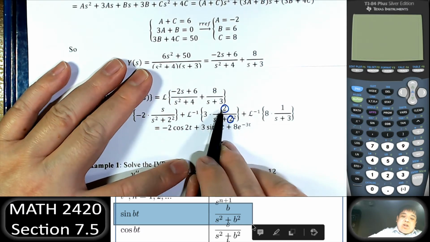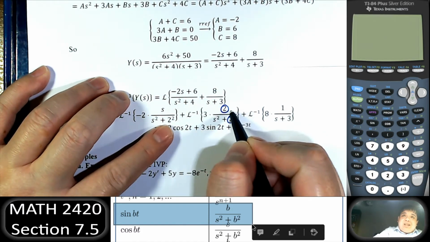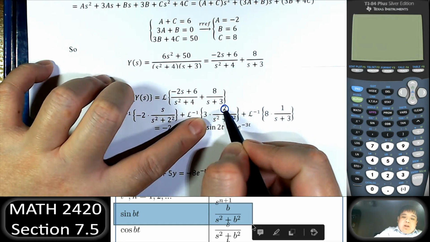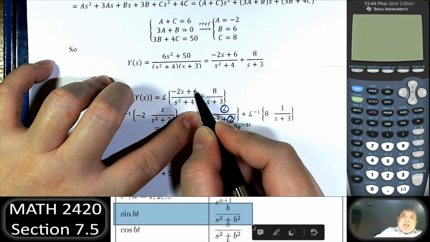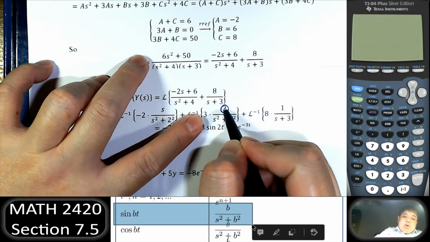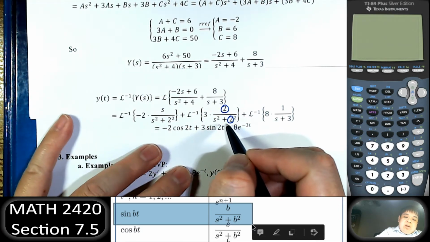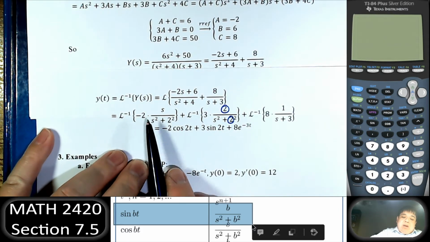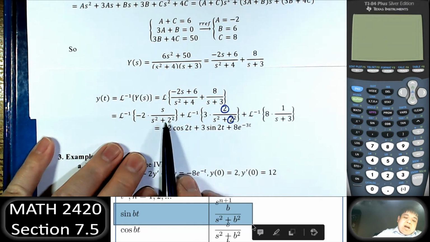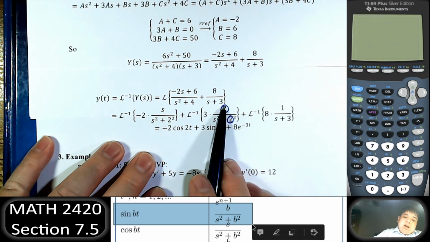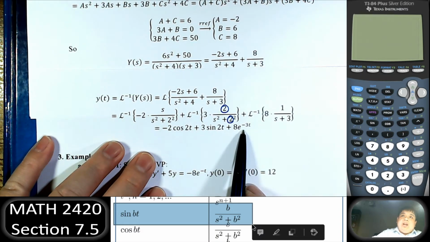So we split the negative 2s, and then we split 6, but we're going to need 2 on the top. So we put 2 on the top, and then we have 3, since 3 times 2 is 6. The reason we put 2 on the top is so the 2 here will match. And finally, the inverse Laplace transform of s over s squared plus 2 squared is cosine 2t, the inverse of this is sine 2t, and the inverse of this is e to negative 3t.